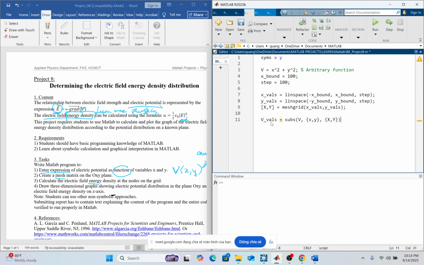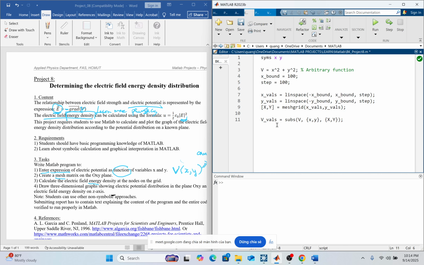Okay, here it means that you are substituting all the points in the x and y into your v function, which takes the variables x and y lowercase, right?